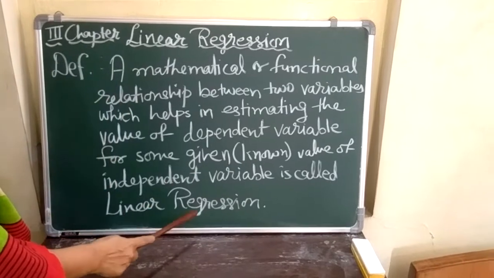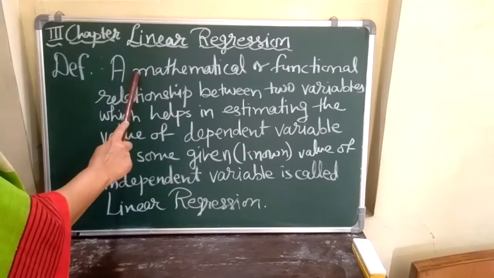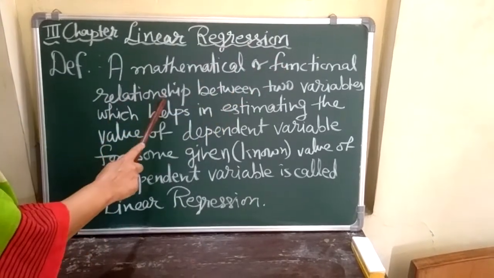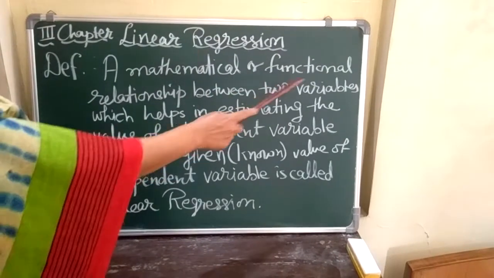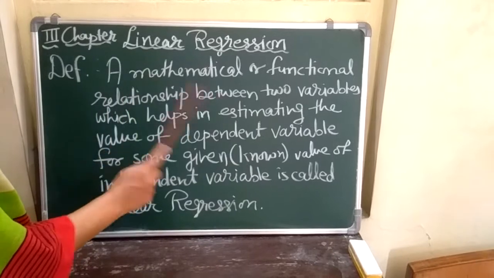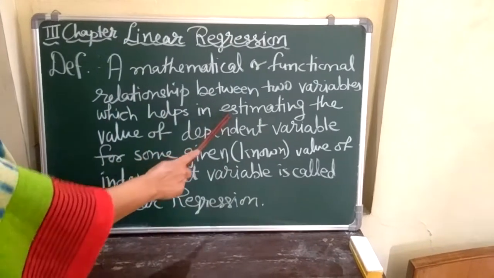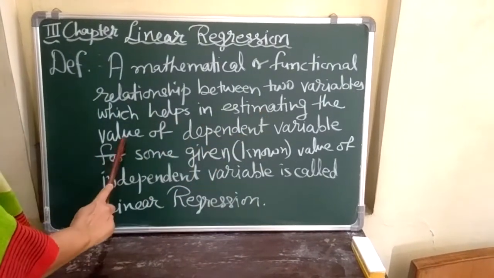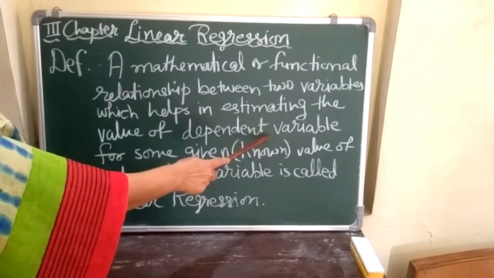Now what is linear regression? A mathematical or functional relationship between two variables, independent and dependent, that is x and y, which helps in estimating the value of the dependent variable.